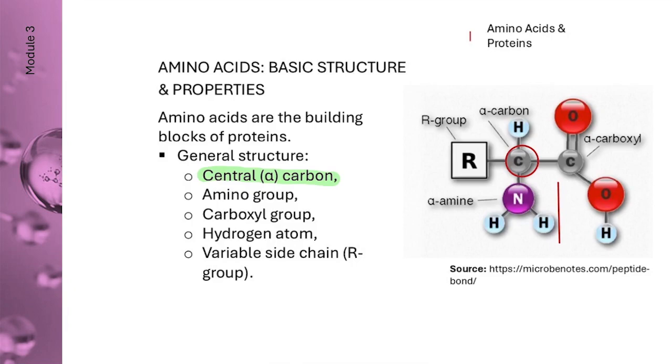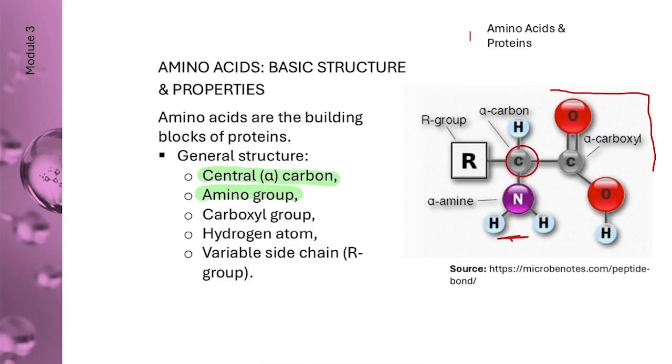All amino acids have that. Then connected to this is the amino group, and we can see the amino group here.